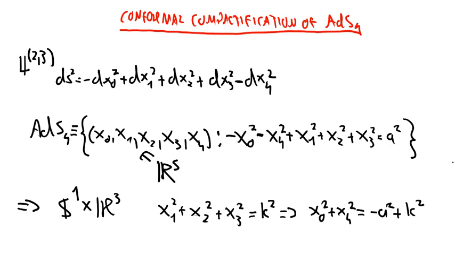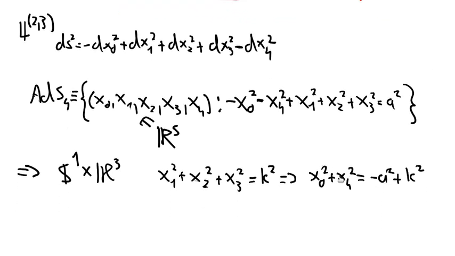And the topology of this set, for a given value of k, well, of course, one has to choose this in such a way that k squared minus a squared is positive.